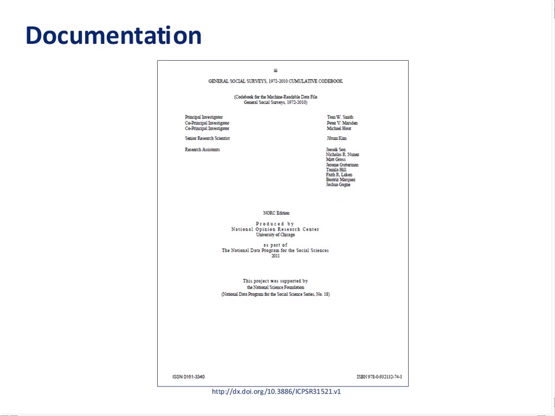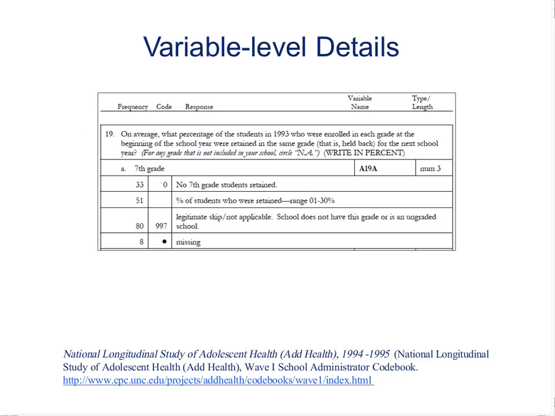Similar to the data, the documentation we want to be complete, well described and accurate. For documentation, traditionally we've had code books or user guides, and really you just want them to be fully fleshed out enough so that if you're looking at the data and you have a question about a variable or a value, you can go back into the code book and learn more about it and see what the value was, what maybe there's question text.